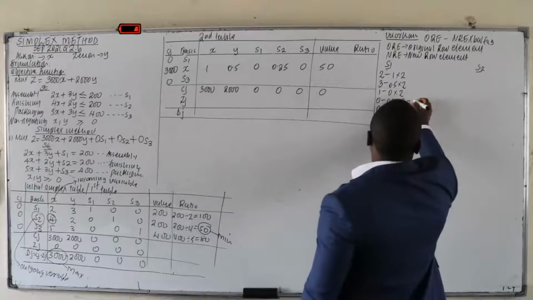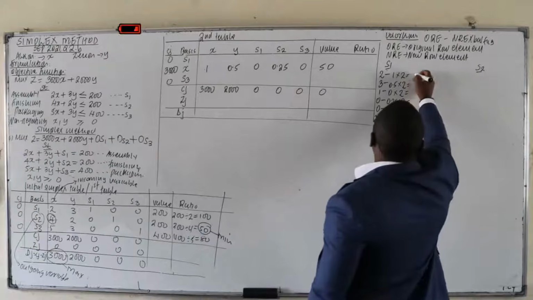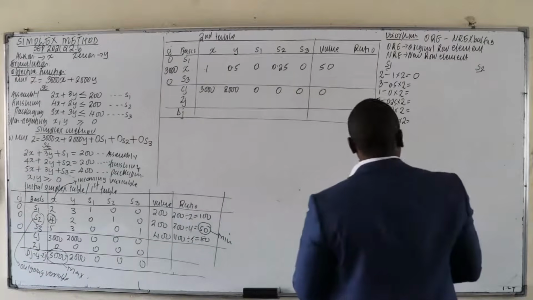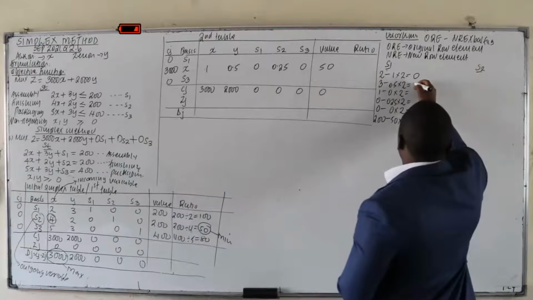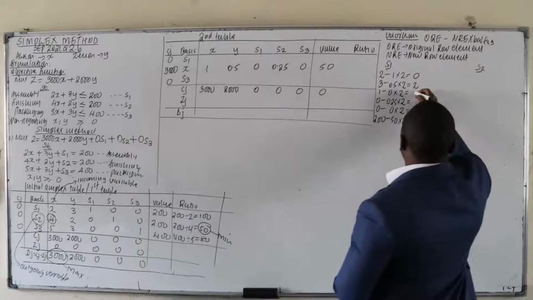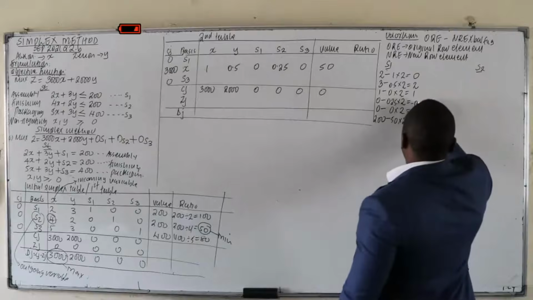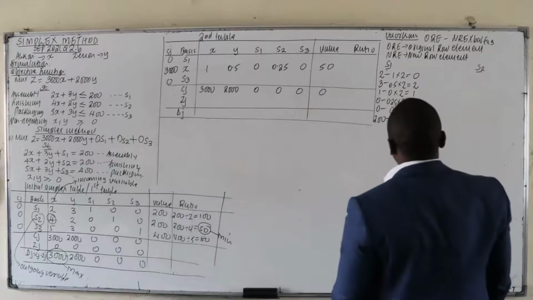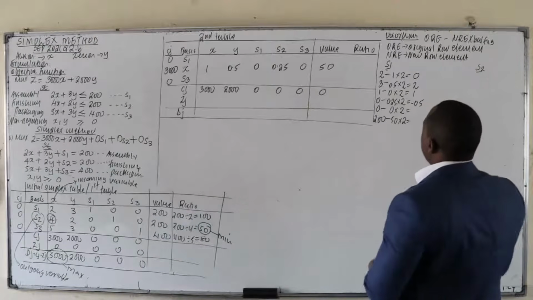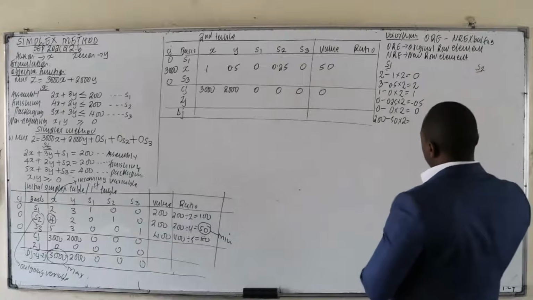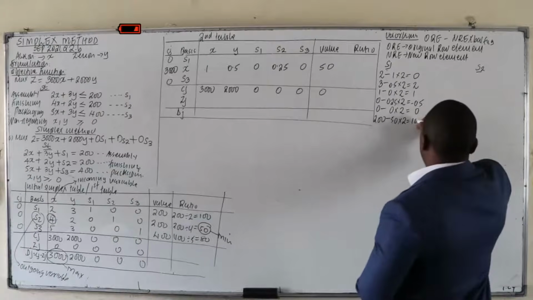And that's how we get that. So 2 minus 2 is 0. 3 minus 1 you get 2. Then 1 minus 0.5 you get 0.5. This one is 0. 200 minus 100 you get 100.